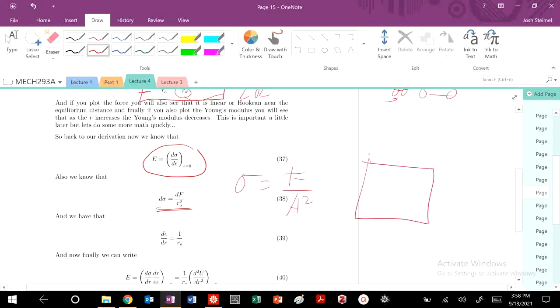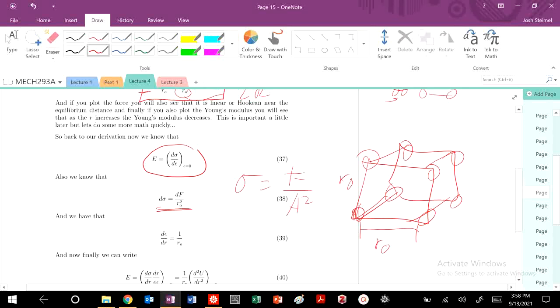Again, if I assume that we're in a cube, and this distance is my equilibrium distance, if we're simple cubic, this is true. I could just call this my r naught, so that's going to be my equilibrium distance. So if I'm pulling on this area here, it's going to be r naught squared.